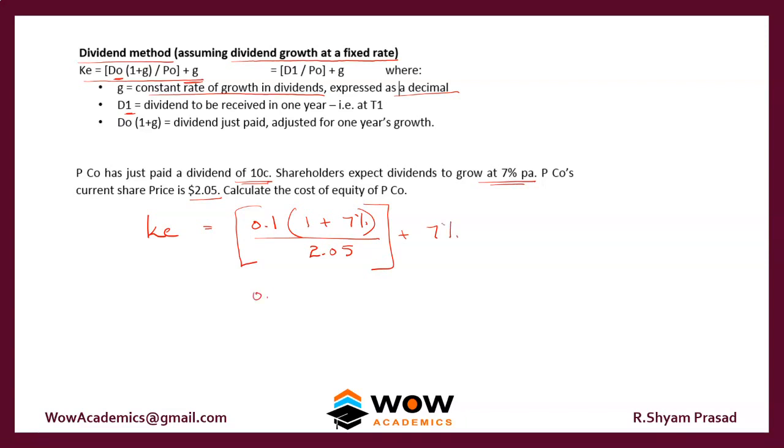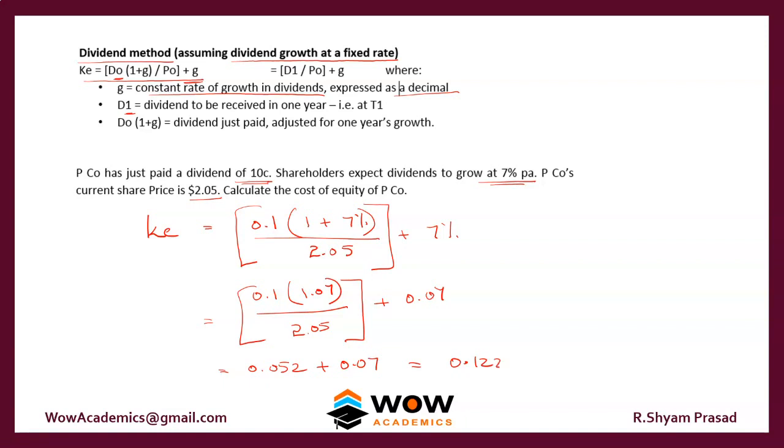So we'll work it now. 0.1 into 1.07, so 7% has been added, divided by 2.05, plus the 7%, which can also be 0.07. We'll solve the internal part first. The internal part comes to 0.052. Then we add the 0.07, which gives us 0.122.